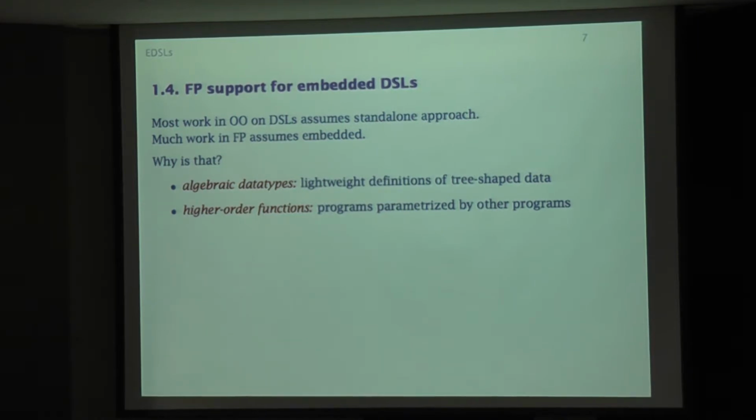And I'll hope to explain that to you. I'll tell you why that doesn't work so well. And I'll do that by showing you how it does work nicely with algebraic data types and higher order functions, and that will be the gist of my argument. This is cool. See how we can do it with algebraic data types and higher order functions. What are you going to do if you don't have those? Well, then you have to go read Martin Fowler's book and do it in Java instead. So algebraic data types and higher order functions are perhaps the two core features of functional programming.